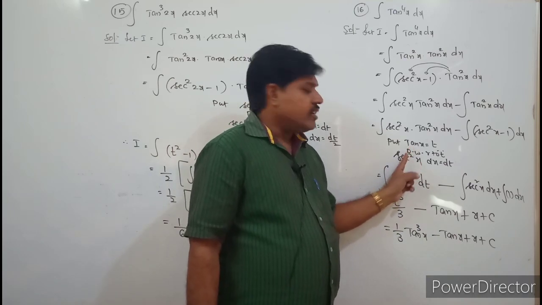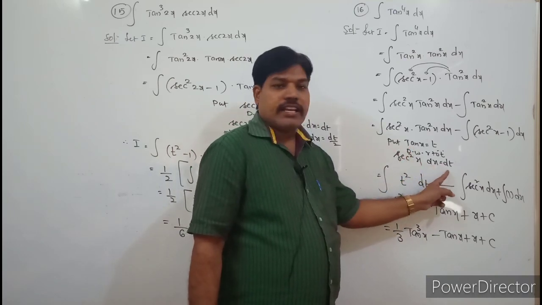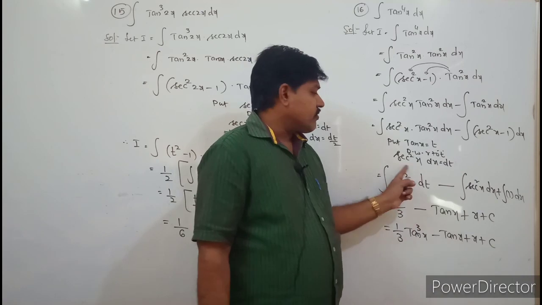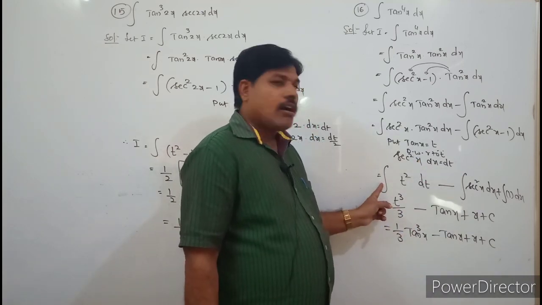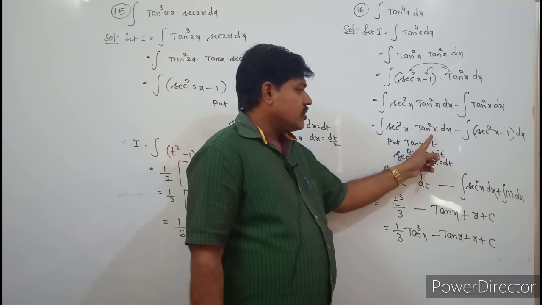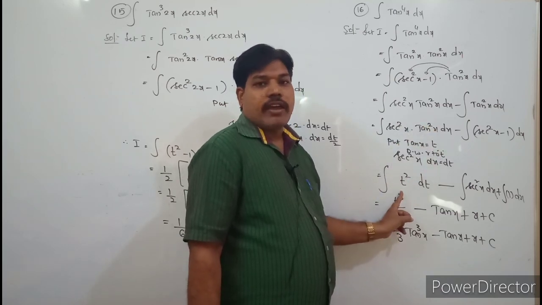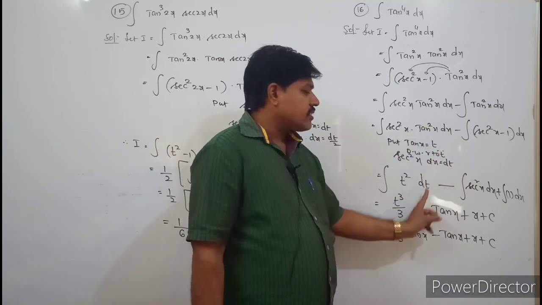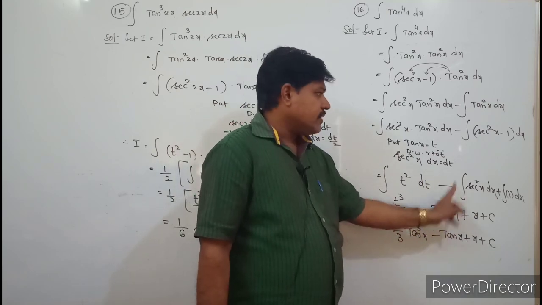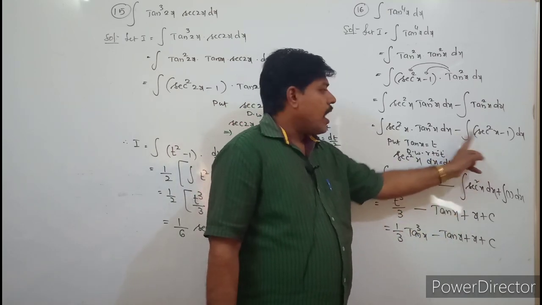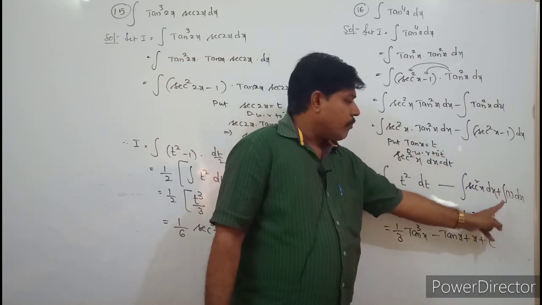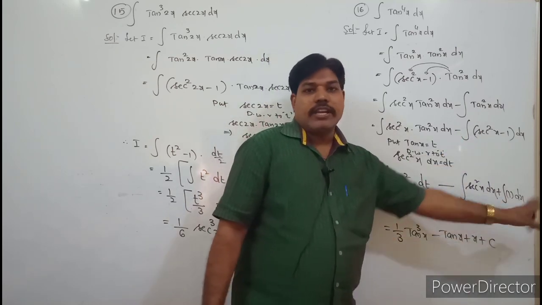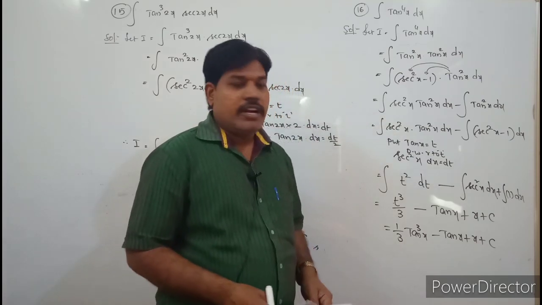The derivative of tan x is secant square x into dx is equal to dt. So that is equal to the integral of t square, since tan x is t, into secant square x into dx, which is dt, minus, applying the minus, secant square x minus of minus, it will become plus 1 into dx, the integral of 1 into dx.